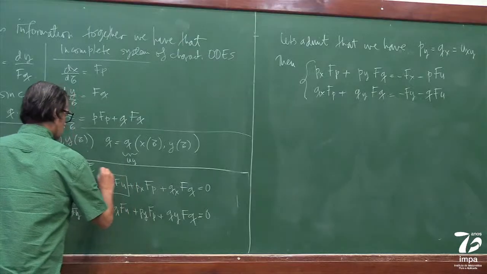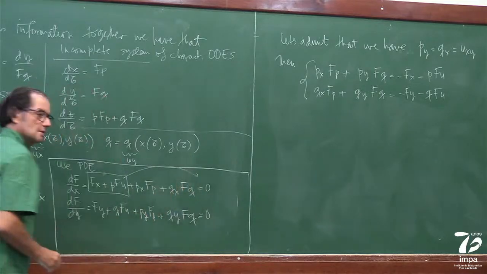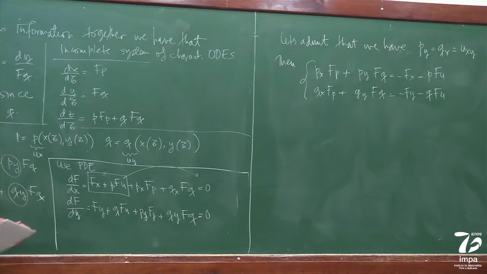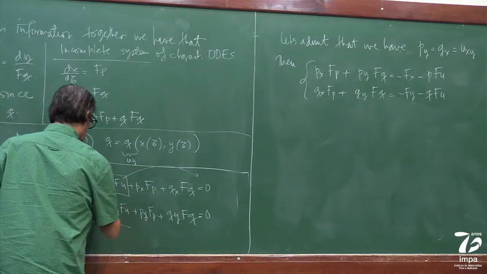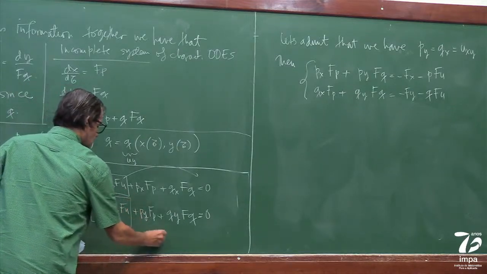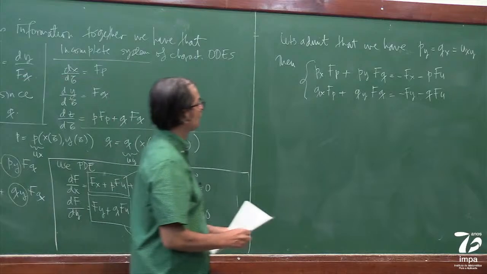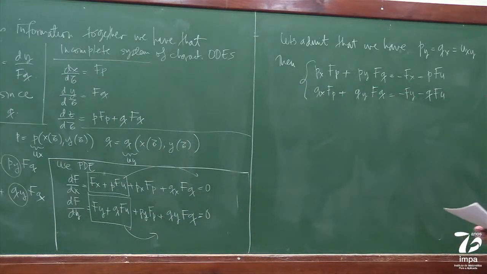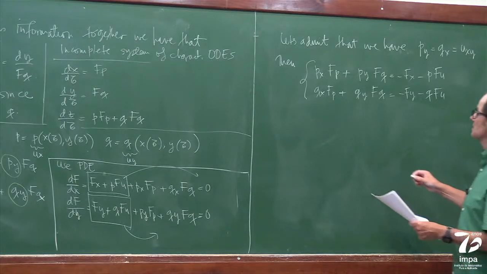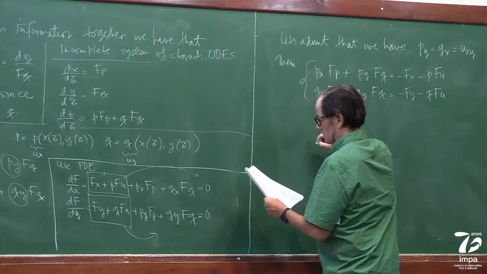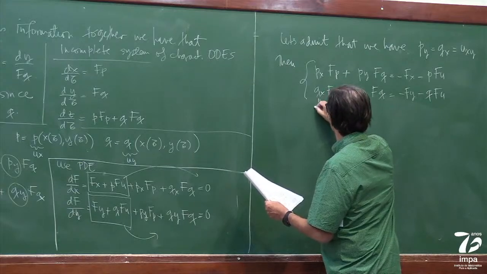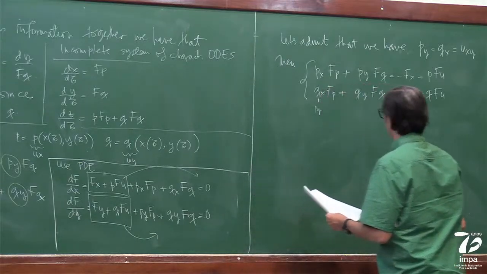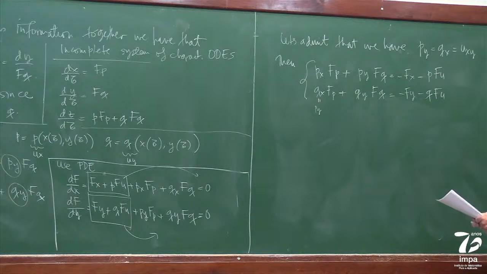This guy here, we put on the other side. The same thing, this guy here, we'll put on the other side. Okay, this is equal to py, right? One's equal to qx.